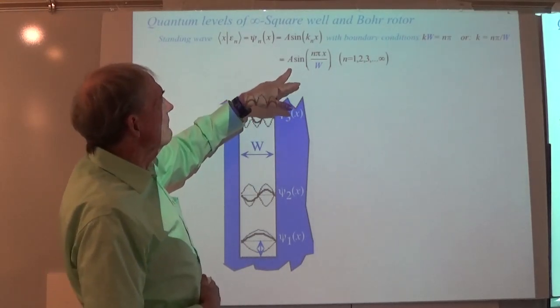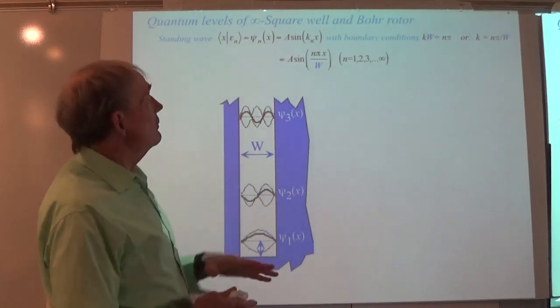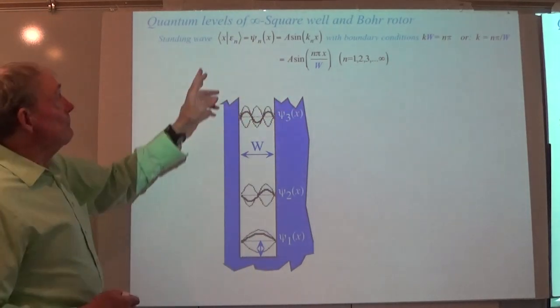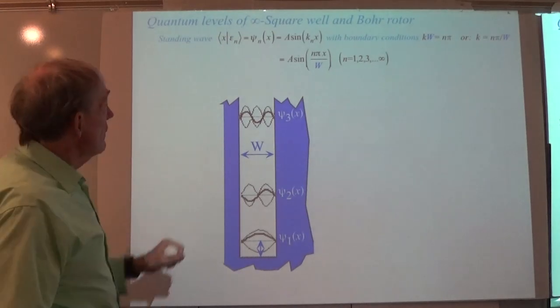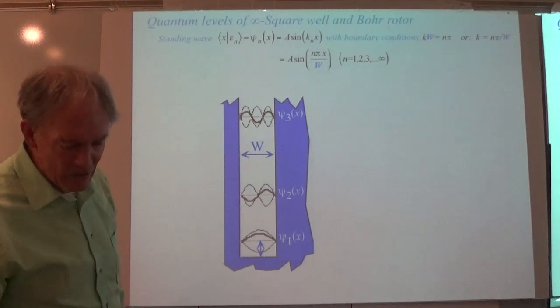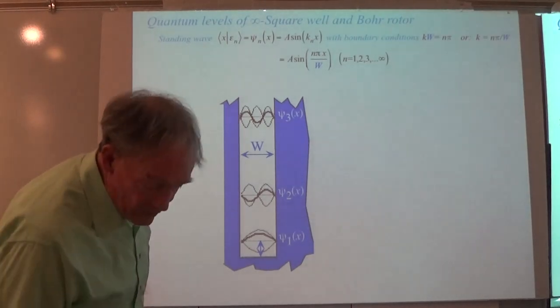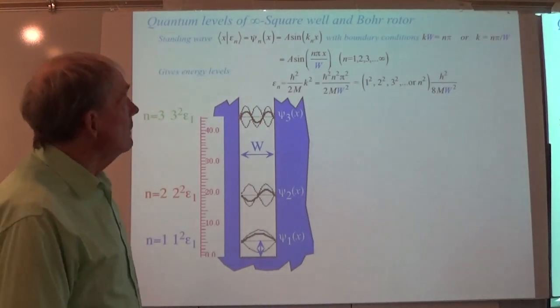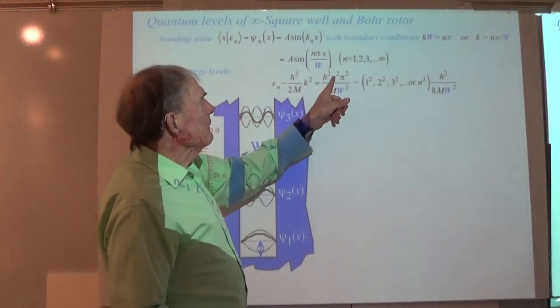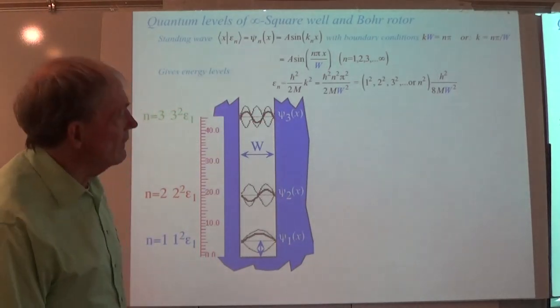We won't play that game too hard here, but here's Dirac notation for that sine wave: the energy with a state of position as a scalar product, and we've got the squared quantum number giving the heights of these levels here.